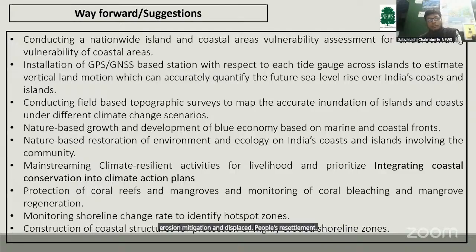So, way forward, I come to the end of my presentation. There is no single way forward or suggestion that can work to protect and conserve the coastal ecosystem, but it has to be a multifaceted approach.